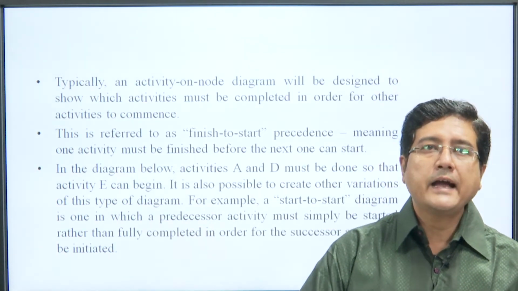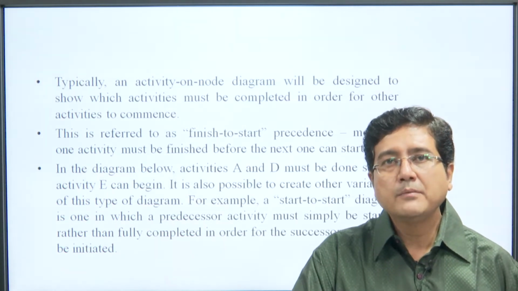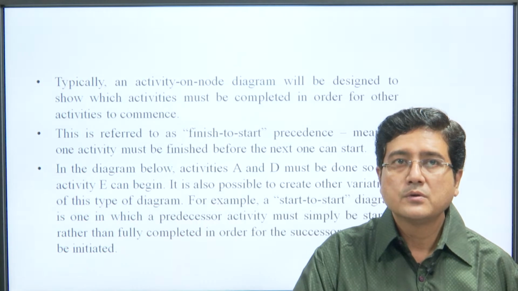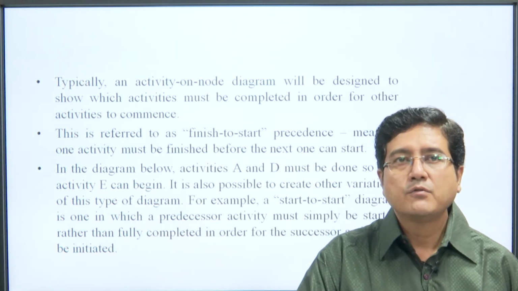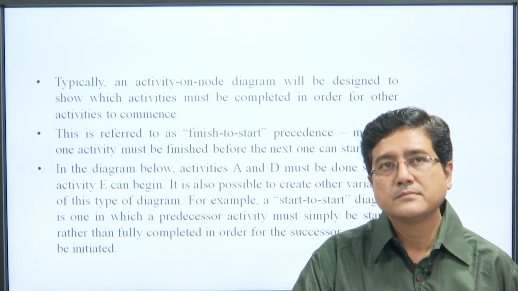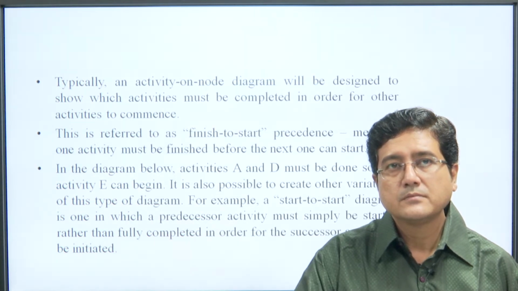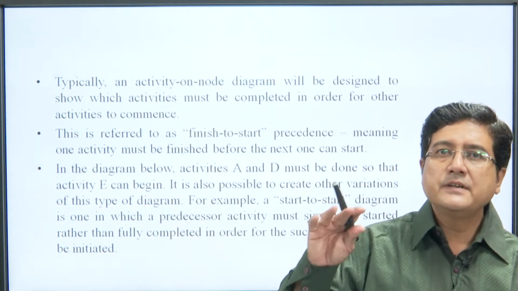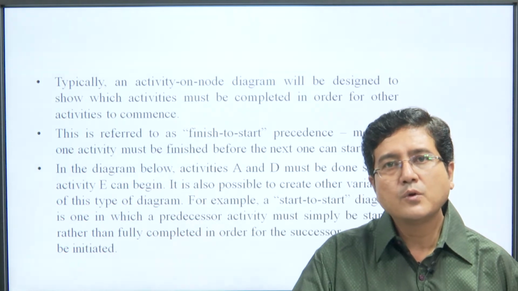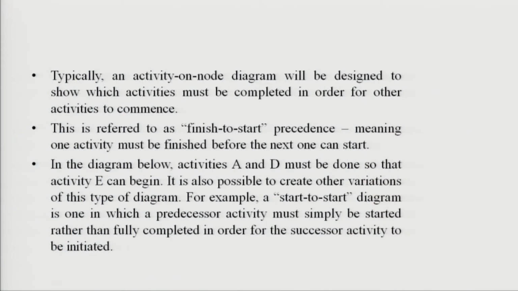Typically, an activity on node diagram is designed to show which activities must be completed in order for other activities to commence. It shows which activity is followed by another activity. Like A is an activity and B is another activity.